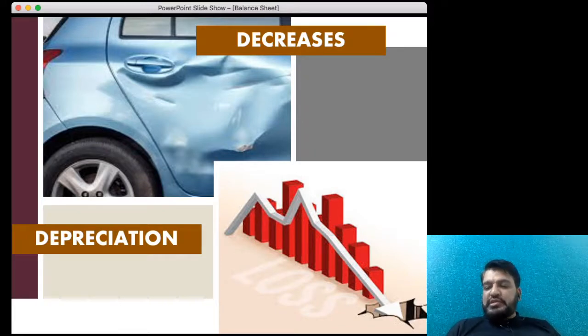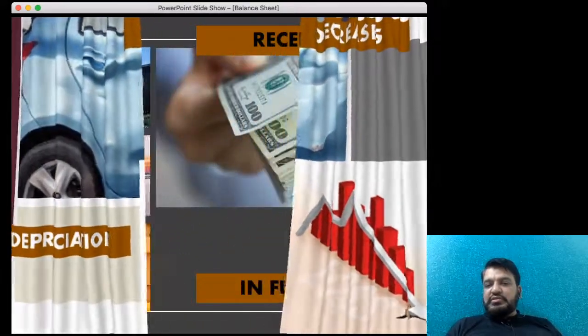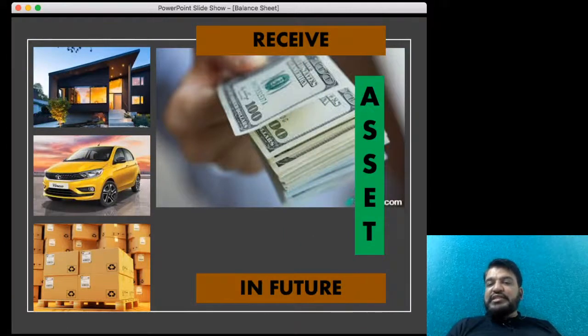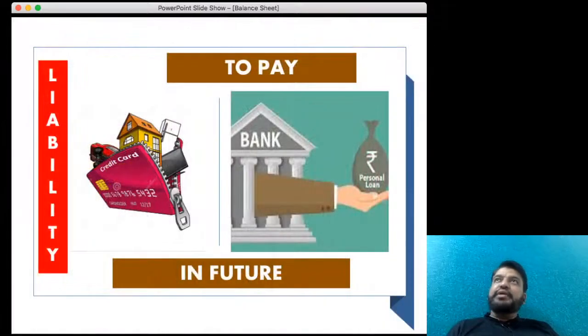Now, an asset is money that you can receive in future by owning some physical or non-physical products. In an asset, you must own it, otherwise it's not an asset. It could be in liquid or illiquid form.